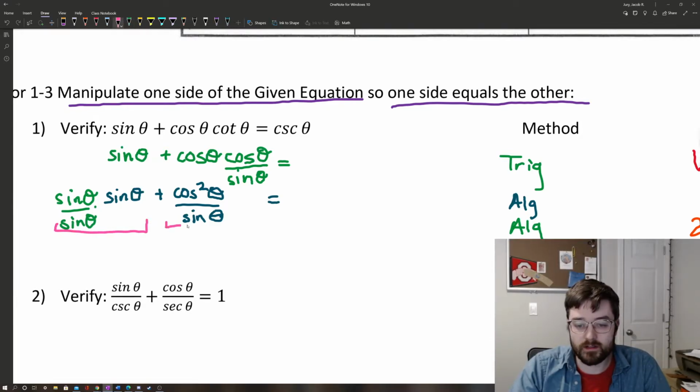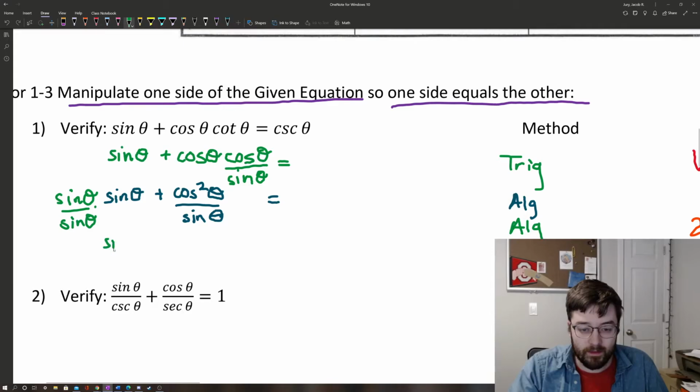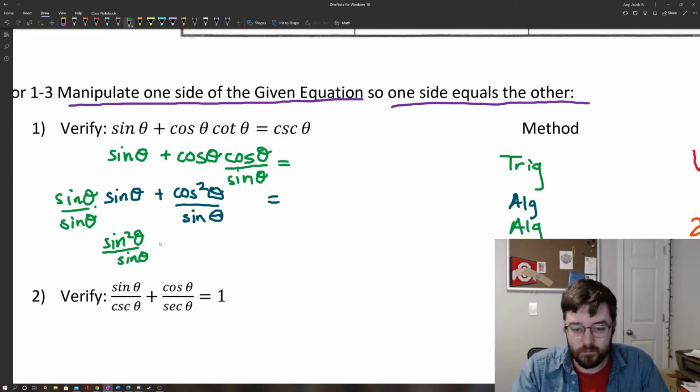I can add this fraction with this fraction. So that's what I'm going to do in my next step. So in the numerator of my new fraction on the left side, I'll have a sine squared over sine of theta plus cosine squared theta over sine theta.